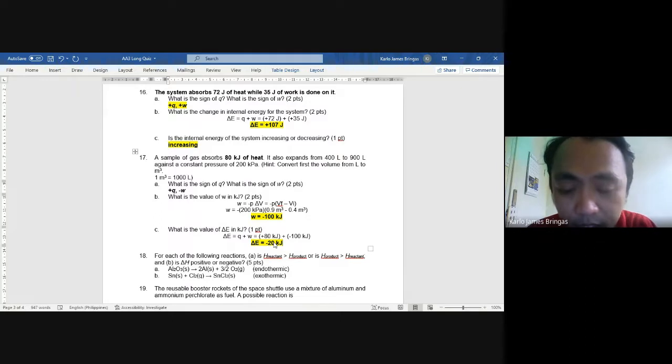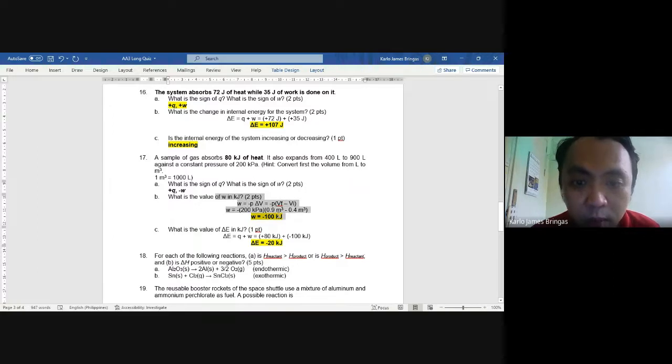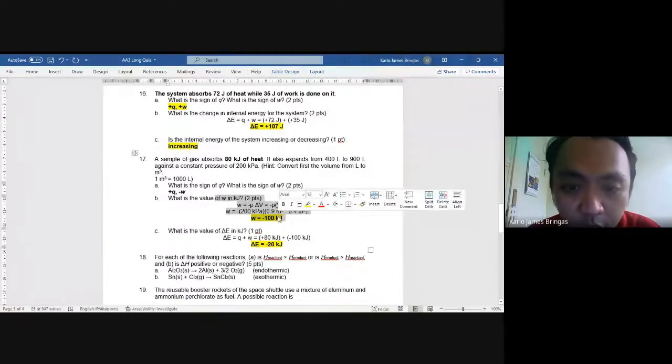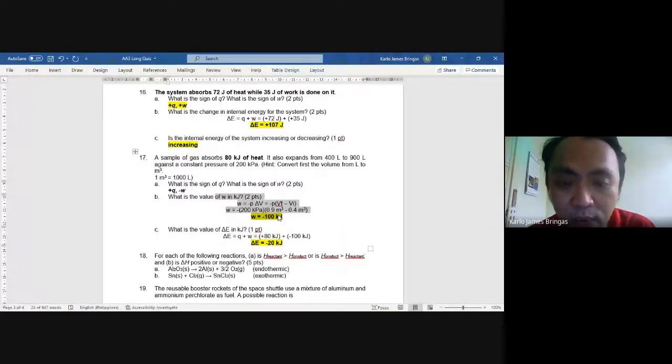So since the delta E has a negative sign, we then know na ang internal energy ng system has decreased by a value of 20 kilojoules. So that is number 17. So Jibril already asked the question for number 17, letter B, but let me check in on the others as well. So are there any questions pa ba regarding number 17 on how we answered this one?